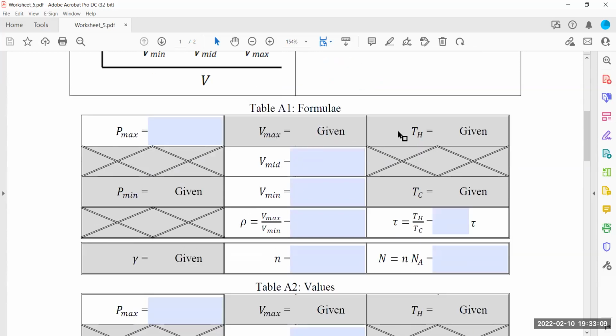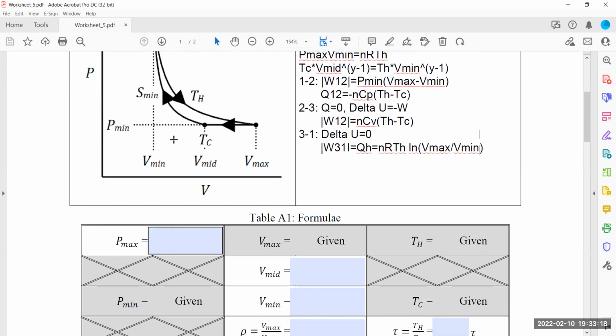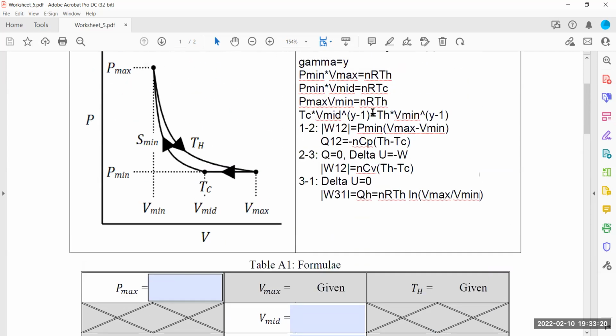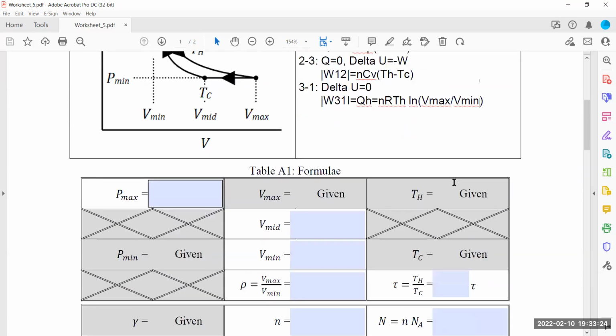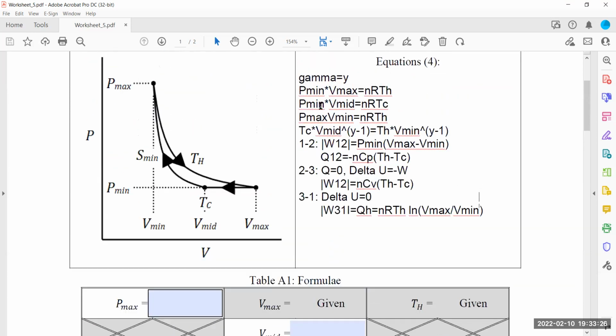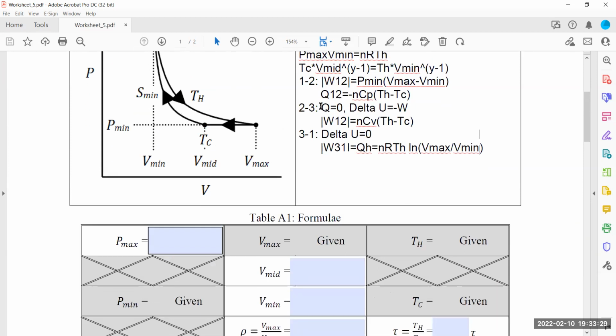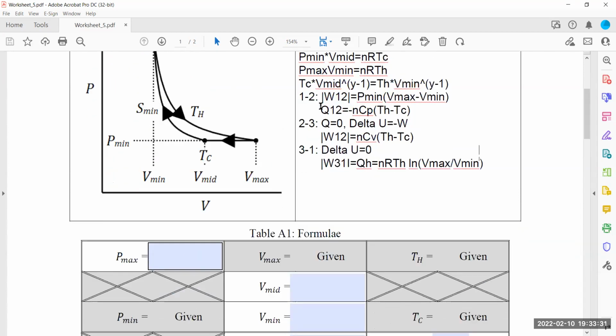Okay, so let's come in here. Vmax is given, TH is given, Pmin is given, gamma is given, and TC is given. All of this are given. So we need to find Pmax. Is there an equation in here? Vmin is not given, so I can't use this equation in here to find it. So Pmin is given.